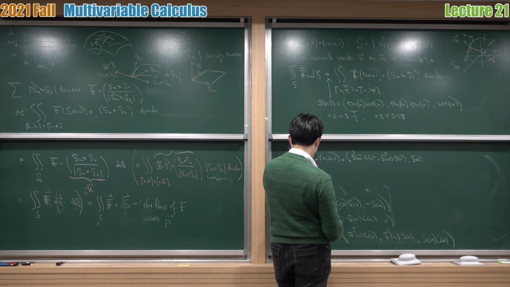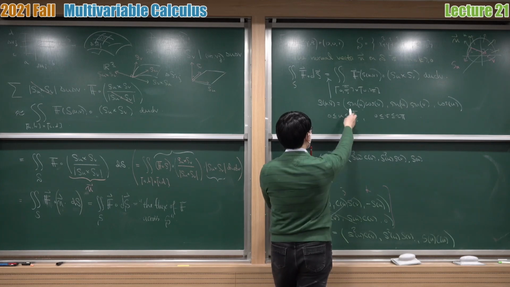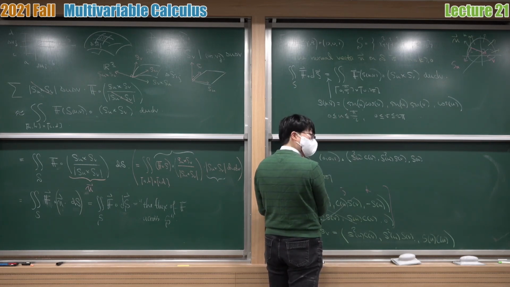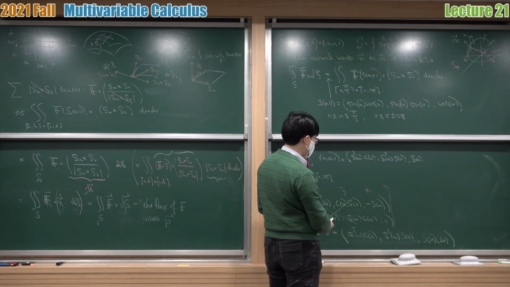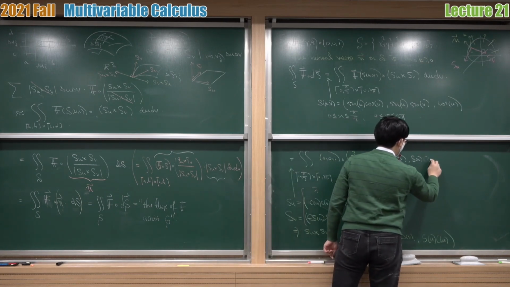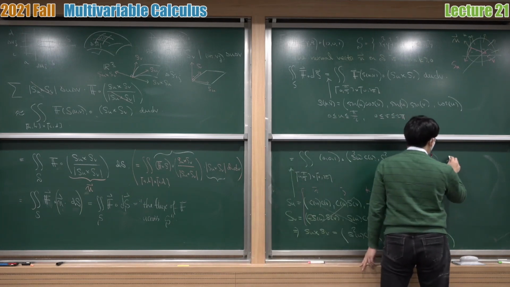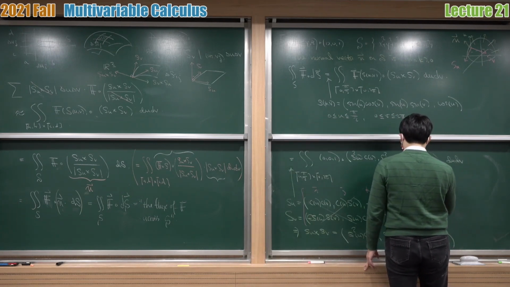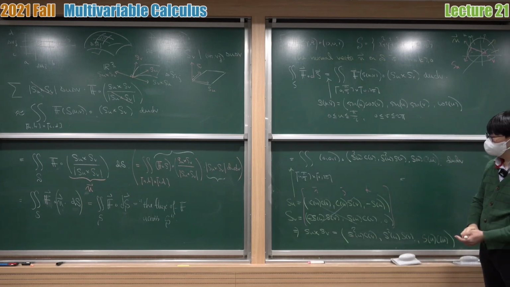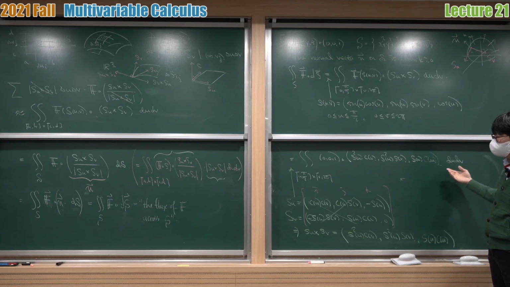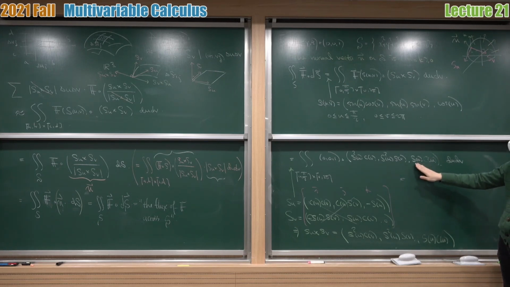Okay, so sine U cosine U, and du dv. Okay, what do you get? Right, you only get this one.